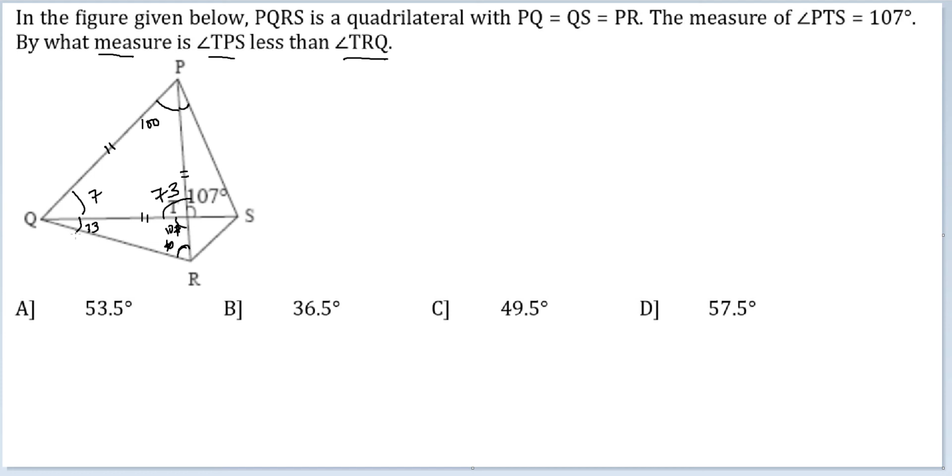Now look at triangle QPS. If this is 7, this angle and this QPS angle, QSP and QPS, they are supposed to be equal. So if 7 is one, 173 is left. So 173 divided by 2 gives me 86.5.